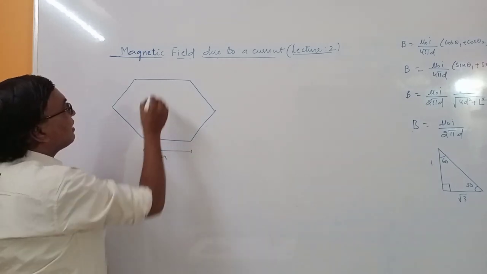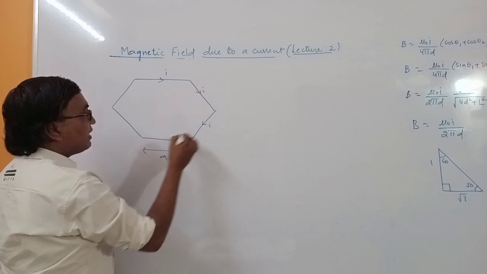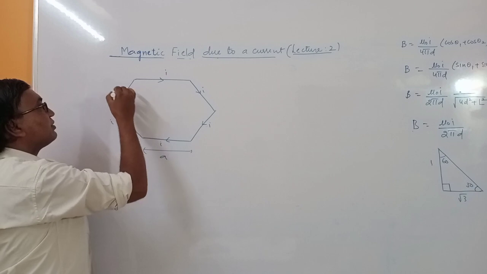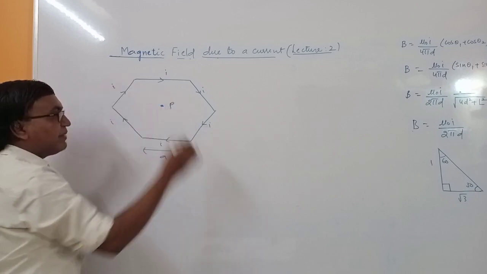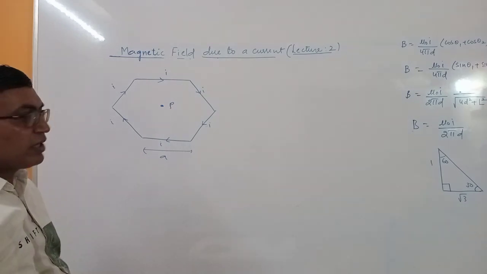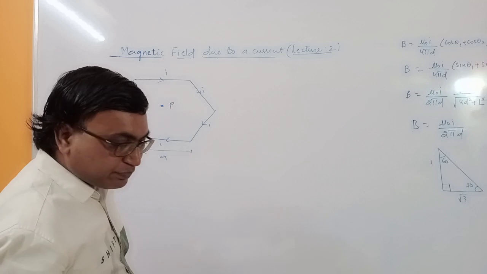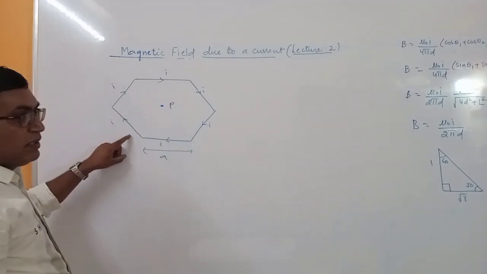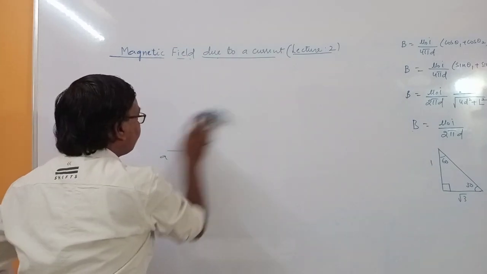Its side is A and the current in it is I. So find the magnetic field due to this loop at its center. Do this on your own. Now we'll see another problem.